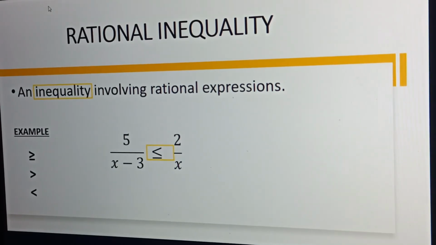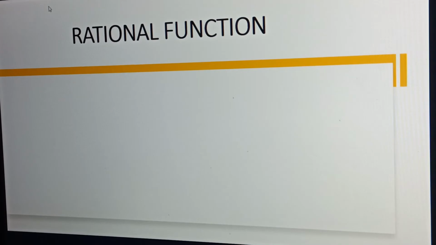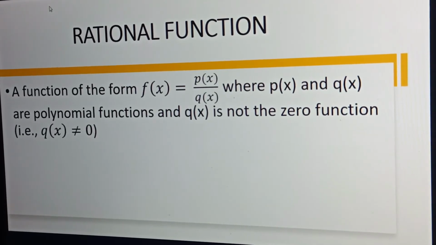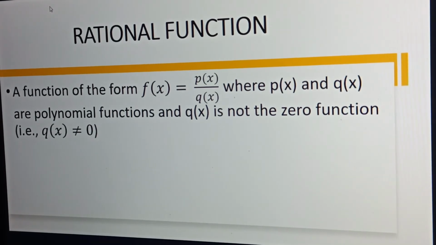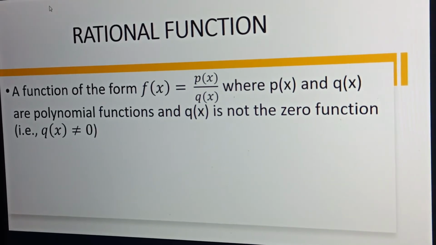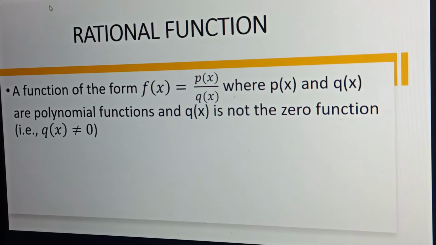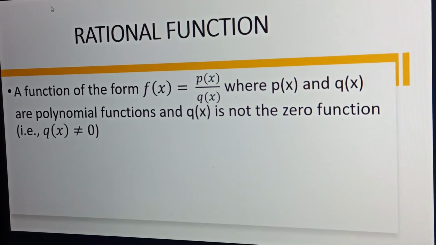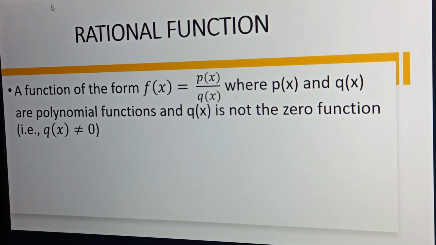Okay? But how about when it comes to rational function? How can we identify if the given expression is a rational function? Okay? Sabi dito, rational function, it is a function of the form f of x is equals to p of x all over q of x, wherein p of x and q of x are polynomial functions and q of x is not the zero function, or q of x is not equals to 0.